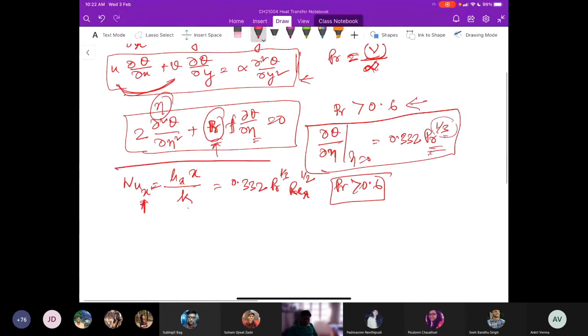Now this relation, Nusselt number equals 0.332 Prandtl number to the power 1/3 Reynolds number to the power half, has been seen to match well with the experimental results, or the measured values.